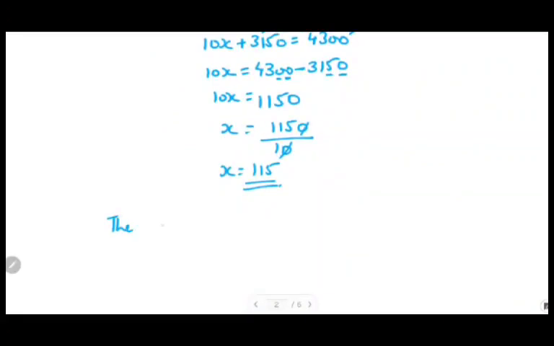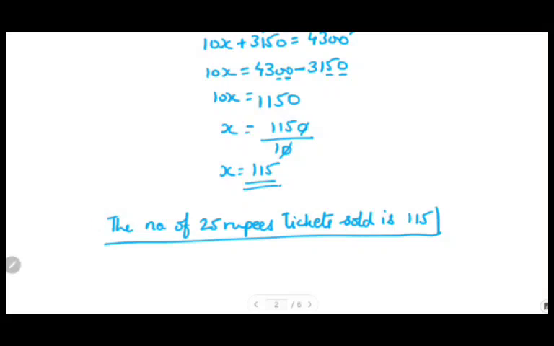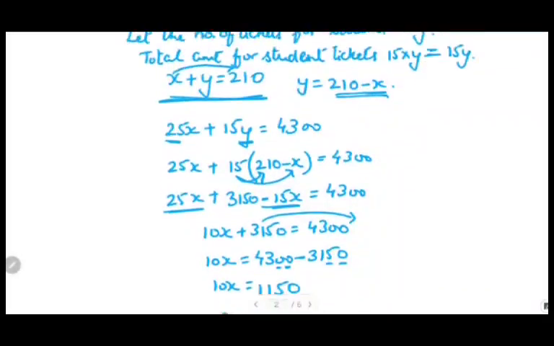The number of 25 rupee tickets sold is 115. If they would have asked for the y as well, what would we do?